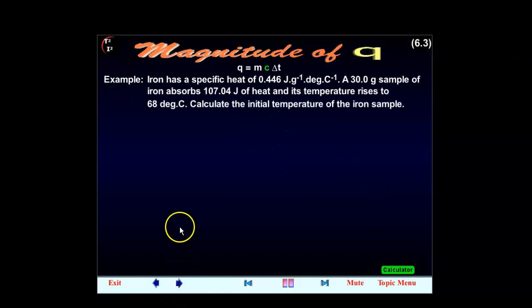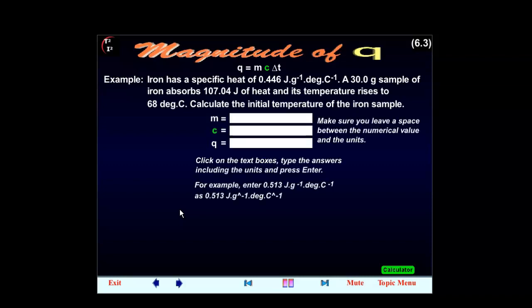Example. Iron has a specific heat of 0.446 joules per gram per degree Celsius. A 30.0 gram sample of iron absorbs 107.04 joules of heat, and its temperature rises to 68 degrees Celsius. Calculate the initial temperature of the iron sample.